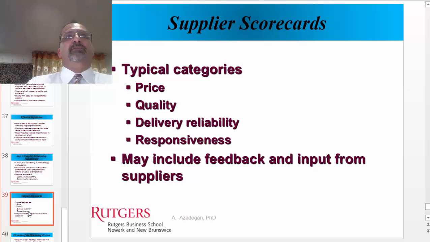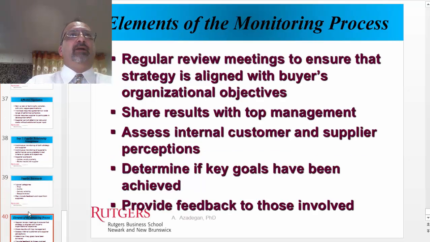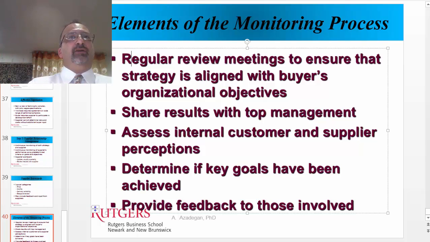And of course, many supplier scorecards these days are 360 or at least 180, where the supplier provides feedback. In order for commodity strategy to work well, there does need to be elements of the monitoring process embedded in, which regular review meetings and sharing of the results, and also assessing how internal customers see the supplier and how suppliers see the internal end customers are also important.